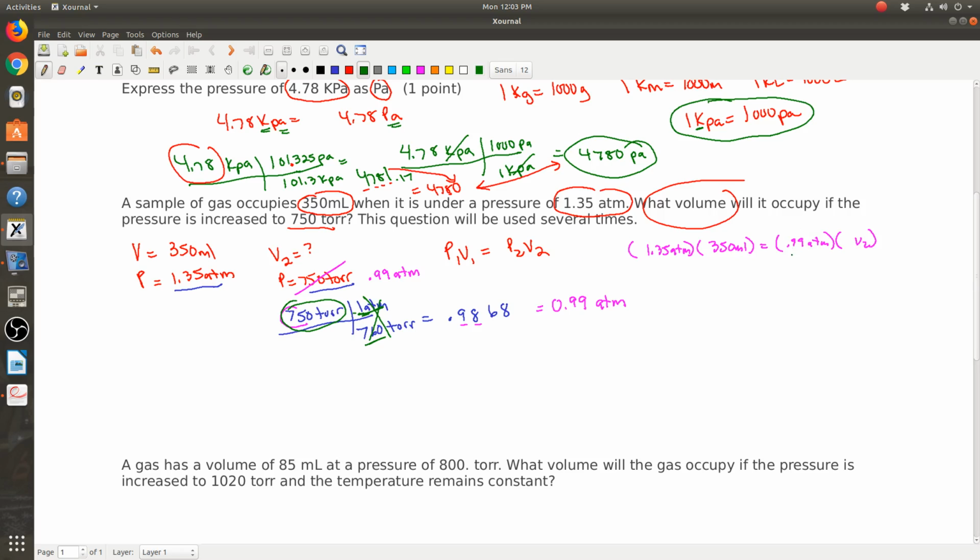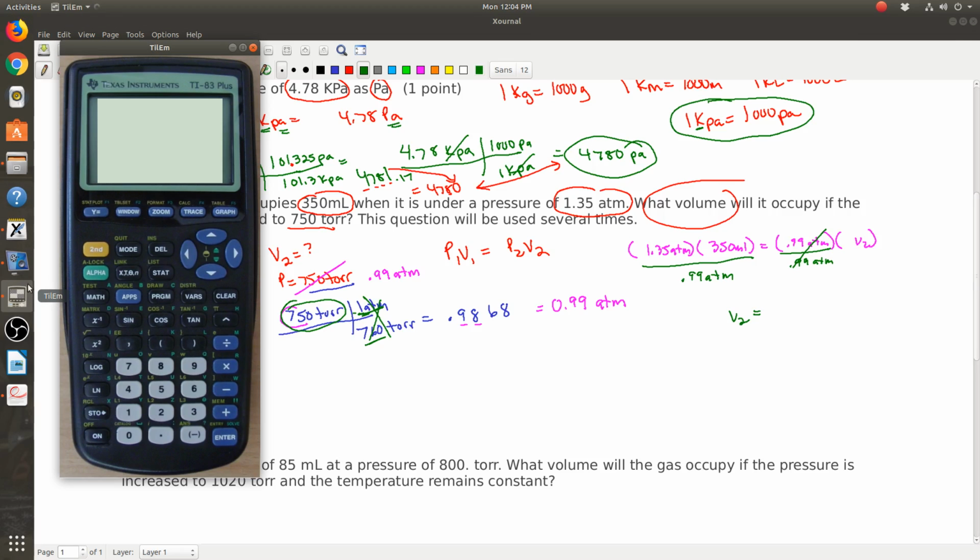All right, now that we have this, we just divide both sides by 0.99 atmospheres. That cancels out. So we have V2 all by itself. And now I'm going to pull up my calculator and show you this one. All right, so it's 1.35 times 350 divided by 0.99.